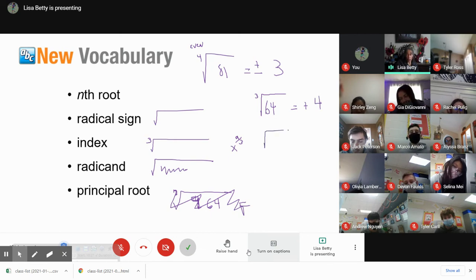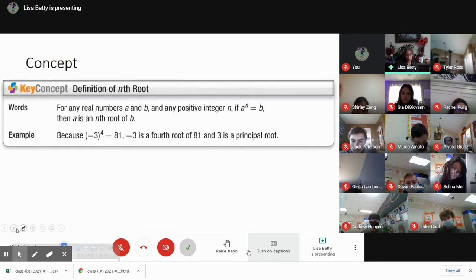But if I asked you what was the cube root of -64, it's going to be the negative one, because a negative times a negative times a negative is going to give me a negative. So if they're odd, it's very specific. If they're even, it's positive or negative, both work. You probably know that, but I don't know that you've ever had it written out.